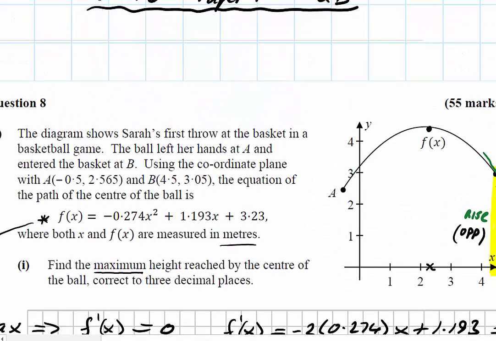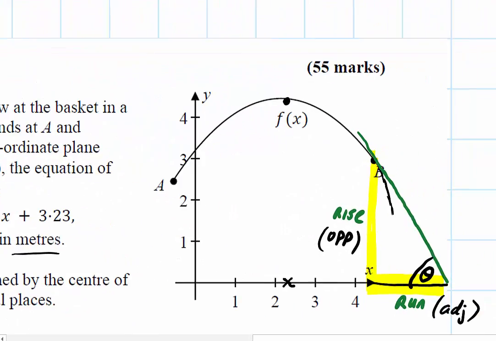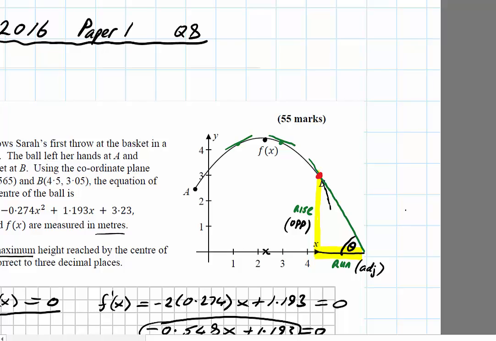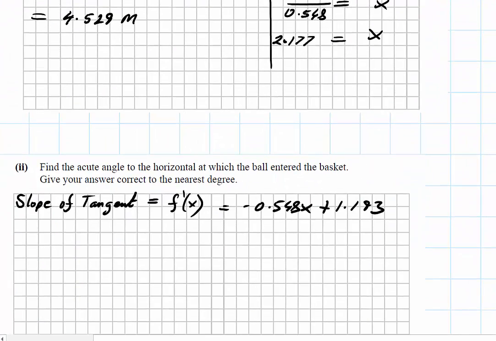So back to the curve again, that could be the slope, for example, at any point. For example, it could be the slope at this point here, or at this point here. But we're not looking for the slope at just any point. We're looking for the slope at the point B. So now it's very important to emphasize that it's B we're interested in. So let's get this point B, 4.5, 0.05.